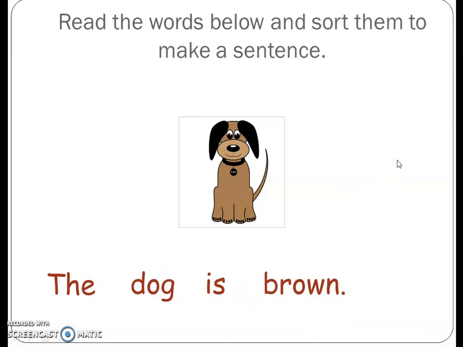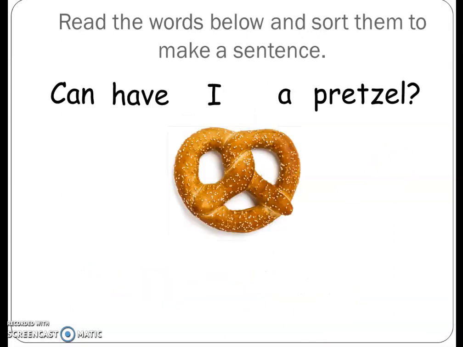Let's try it again together for the next one. Let's read the words first. Can have I a pretzel? That doesn't sound right. Some of those are mixed up. I see two capital letters here because I is always capital when it's by itself.